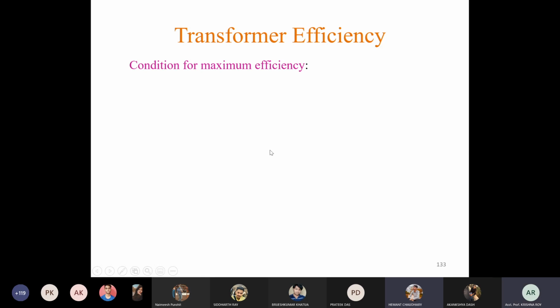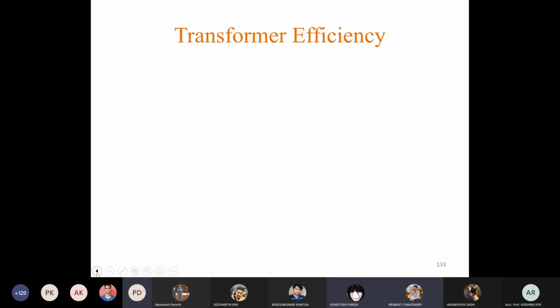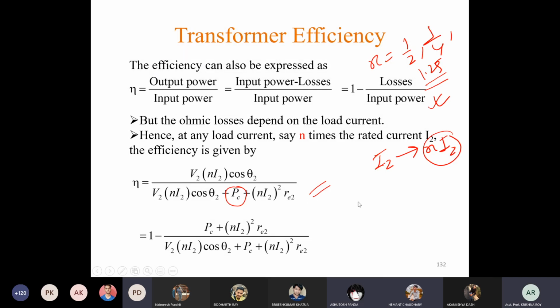Now the condition for maximum efficiency, this is very important. Sir, if load is n times, then current should be 1 by n times, because voltage cannot be changed, right? No. Here load means load current. When you are loading any device, you are increasing the load current, not the impedance.